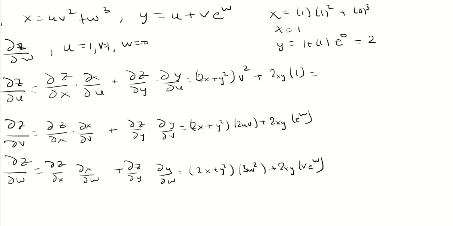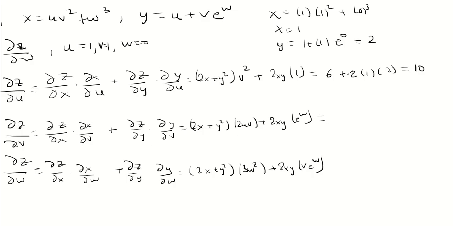So you have 2 times 1 is 2, plus 2 squared. 2 squared is 4, plus 2 is 6. V we said is 1, plus 2 times 1 times 2. So this is going to be 10.